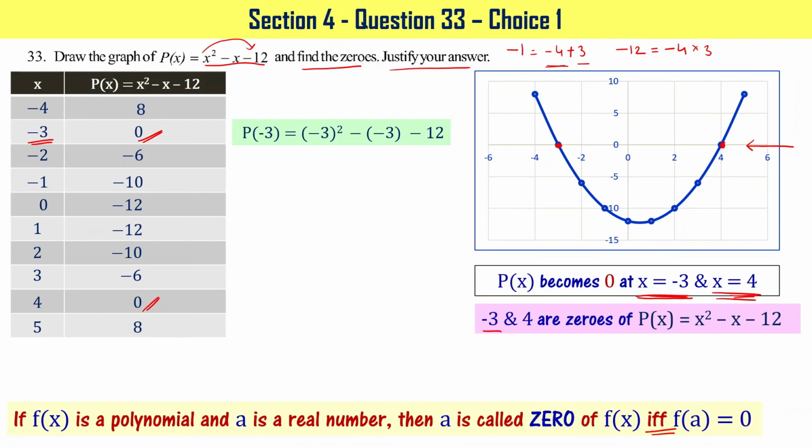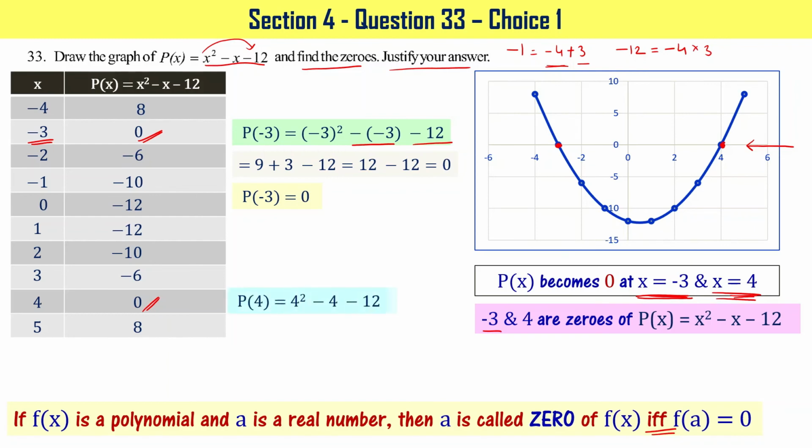P of minus 3 can be written as minus 3 whole square, that is x square, minus times minus 3, that is minus x, minus 12. When you simplify it, you get it as 0. So let me write it. P of minus 3 equal to 0. It means we have verified one of the zeros of given polynomial, right?